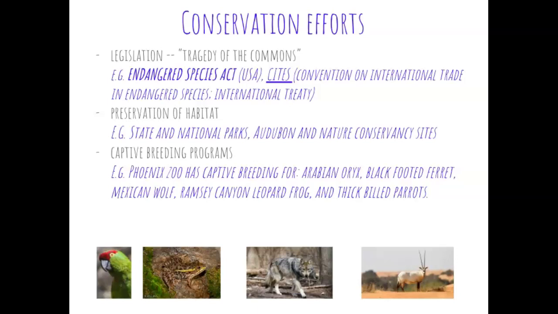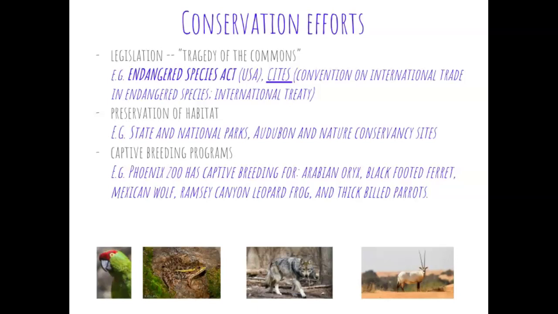So this would be something like global ocean fisheries, where no one nation is really in charge of the oceans, and so countries will overfish and take lots of fish from those resources, and there's no way to legislate that and to make sure that the fish are not being over-harvested.